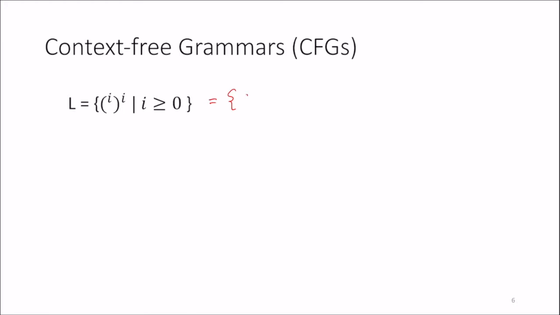So I can have 0 parentheses, open and close, they're both 0. Or I can have 1 open, 1 close. I can have 2 open, 2 close. I can have 3 open, 3 close, and so on. So this is a concise way of writing down this infinite set of strings where you can have some open parentheses and then you have to have an equal number of closed parentheses.